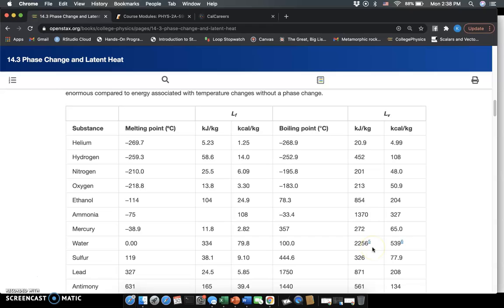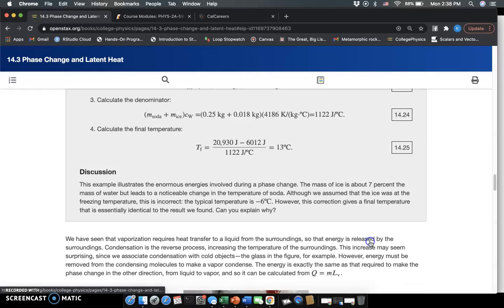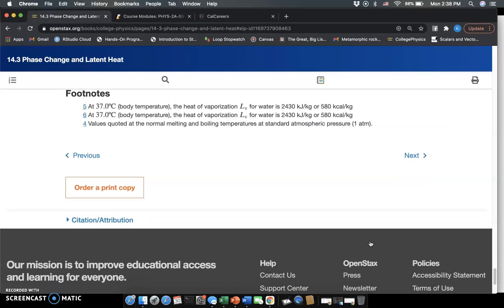Note, and we'll see this in an example, but you may see it in your homework, I'm not sure. For water in the body, it's going to have a different heat of vaporization. Like when you sweat and the water comes up to the surface and gets vaporized, it has a little bit of a different heat of vaporization.